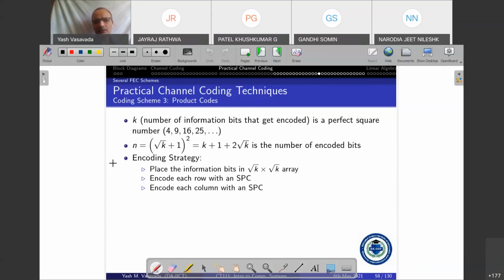So why is that? Well, the way we do the encoding is by having multiple SPCs. Remember, I had mentioned earlier that pretty much all of the other coding schemes that we will be looking at, other than SPC, can be thought of as multiple SPCs combined in a clever way. That is what we saw with the repetition code.